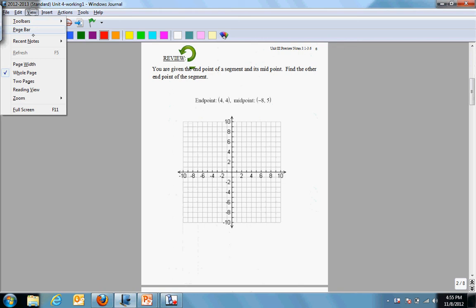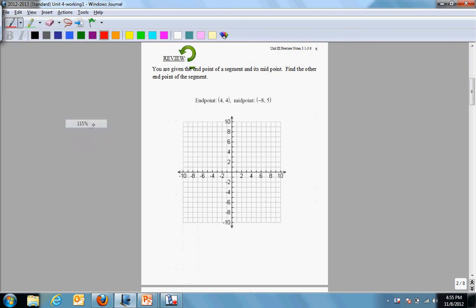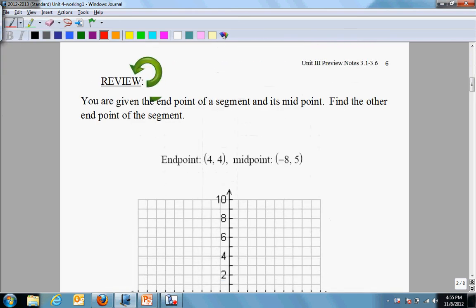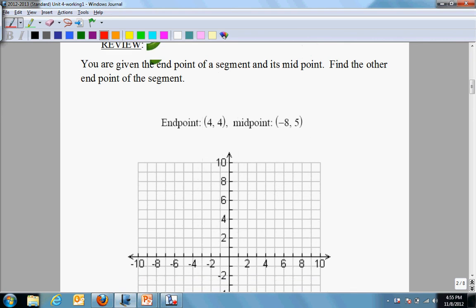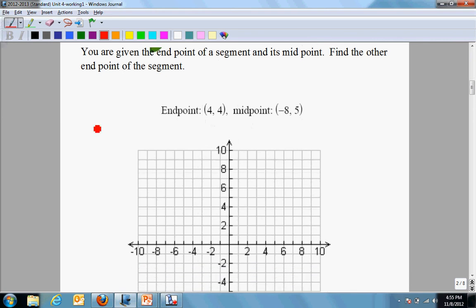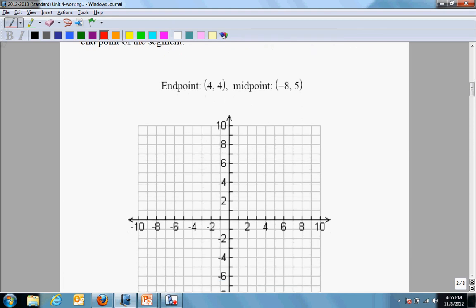Let's do a quick recap of a previous problem. It says we are given the end point of a segment and its midpoint. We want to find the other end point of the segment.